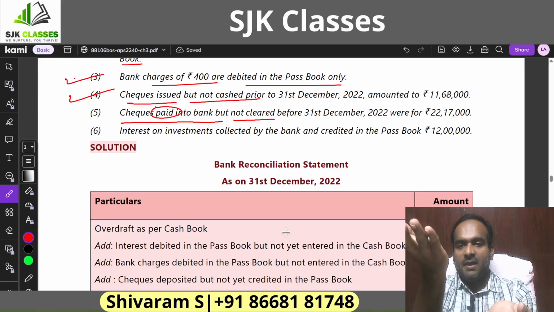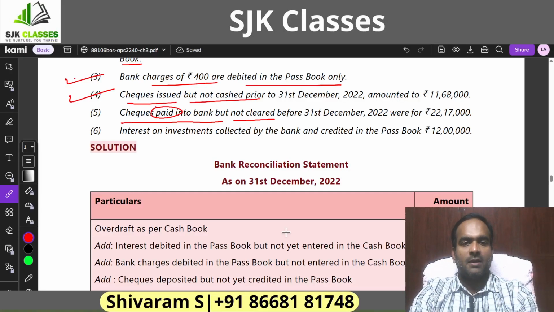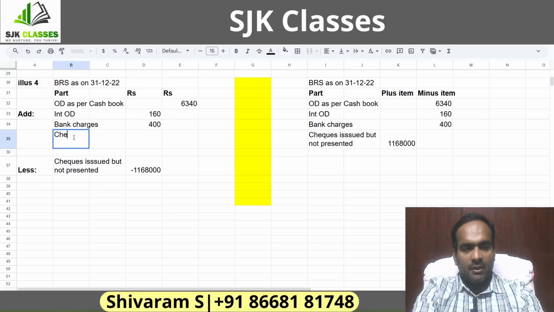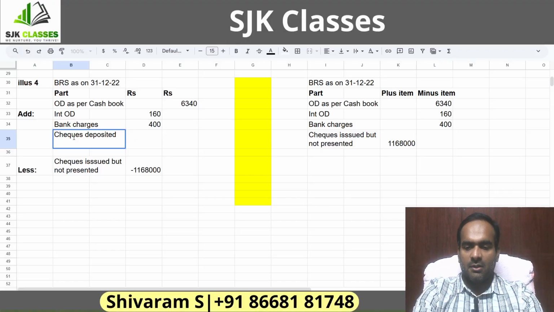Now for BRS, we have to plus or minus our left hand. To match with the right hand, what you should do, you must add to your left hand. It's a case of addition here. So checks paid into bank but not cleared. What is the impact? It's a case of addition. So come to the add section and enter this point: checks deposited. You can rephrase the wordings and all. There's no issue in that.